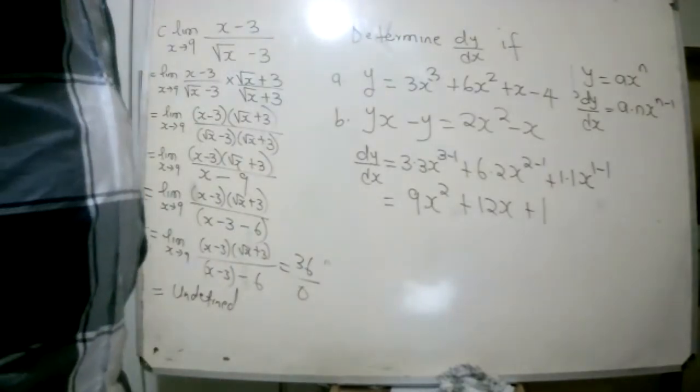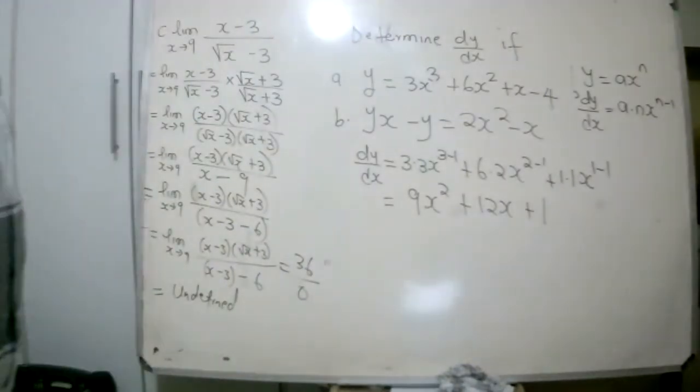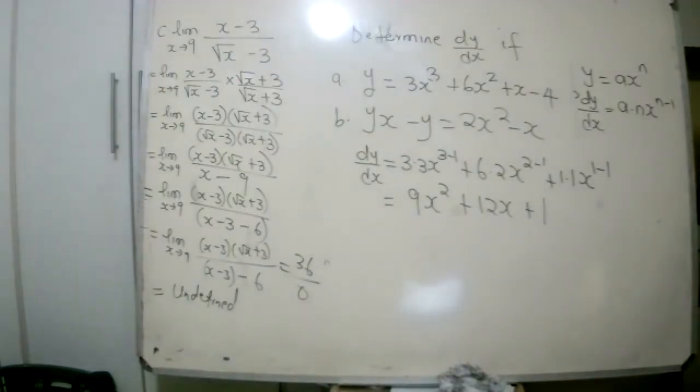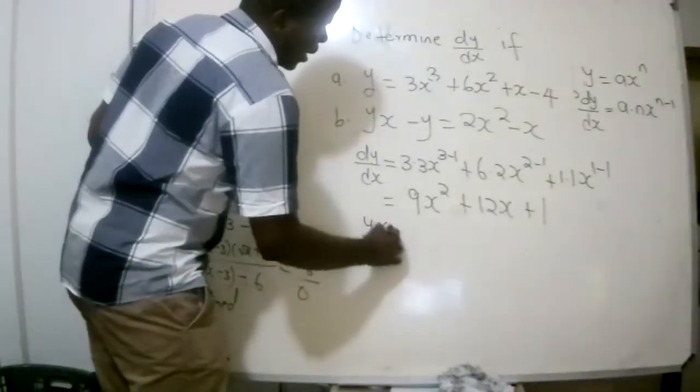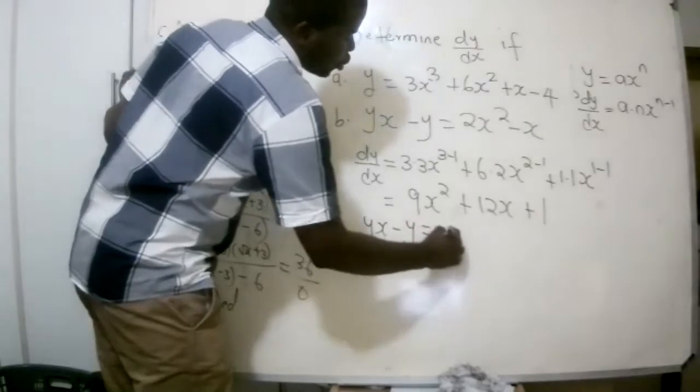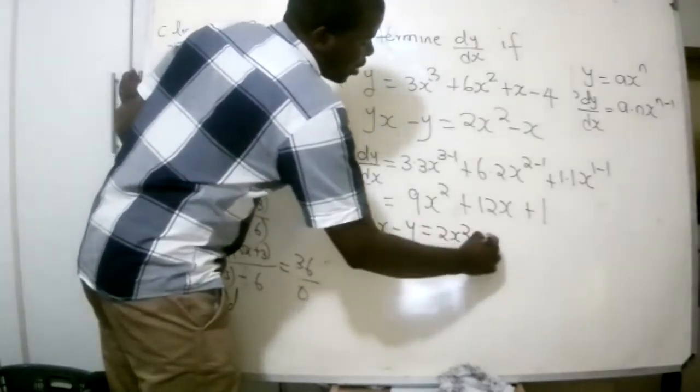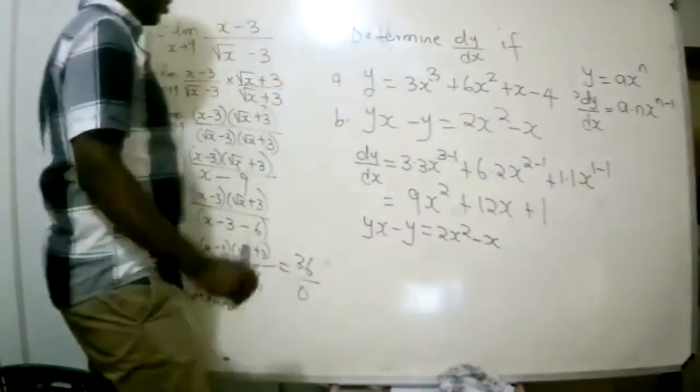Yes. All right. Can we do question number B? Yes. All right. We have yx minus y equal to 2x squared minus x.